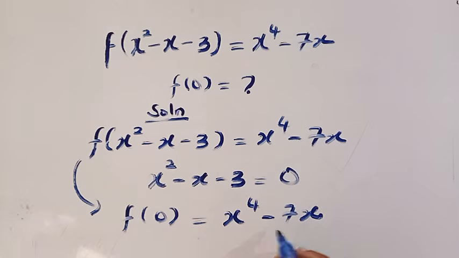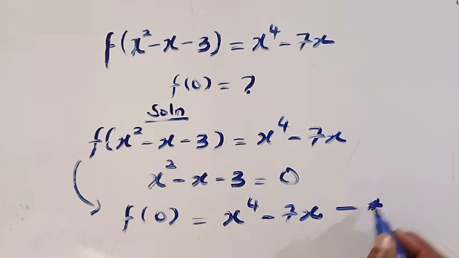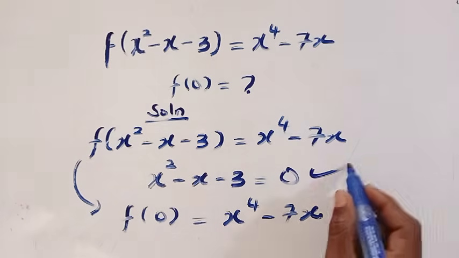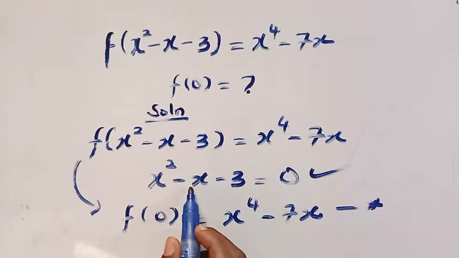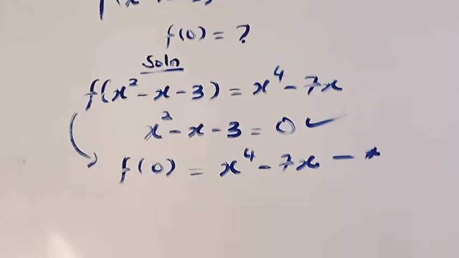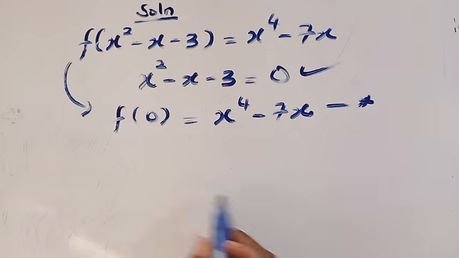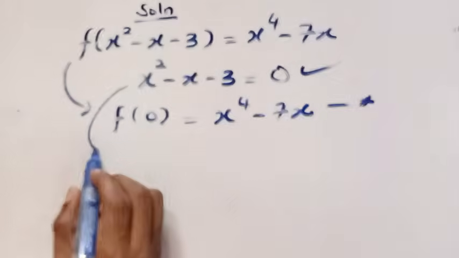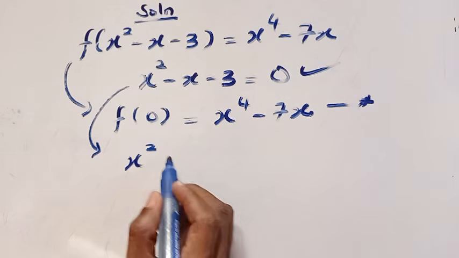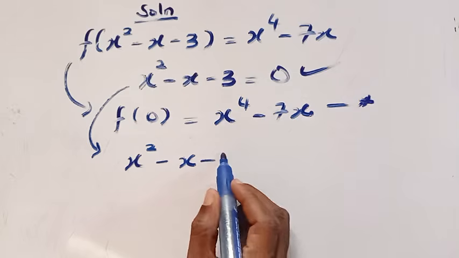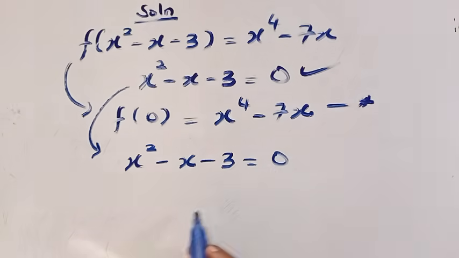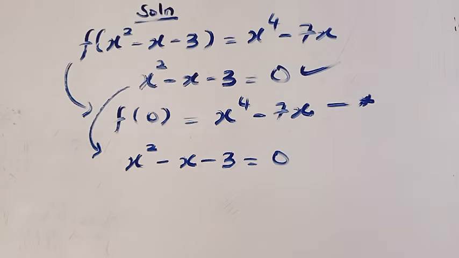But we cannot do anything to this right hand side yet. We have to leave it first. Then let's come back to where we have x squared minus x minus 3 equals 0 to find the value of x. We solve this quadratically.